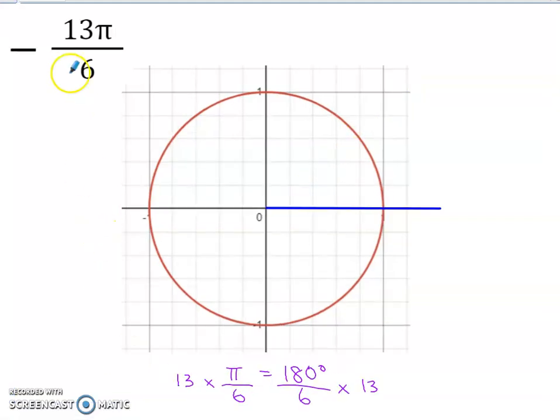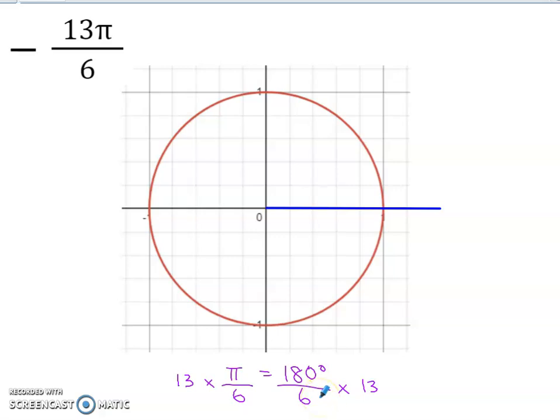Last one. So now we want to plot negative 13 pi over 6. I have a negative angle, so I know I'm going to drop through the fourth quadrant initially when I try to plot this. Same strategy as we've been suggesting. Pi is equal to 180 degrees. Do the division first. Find your base angle. Well, pi over 6, right? The denominator back here is a 6. Pi over 6, 180 divided by 6 is going to be a base angle of 30 degrees.